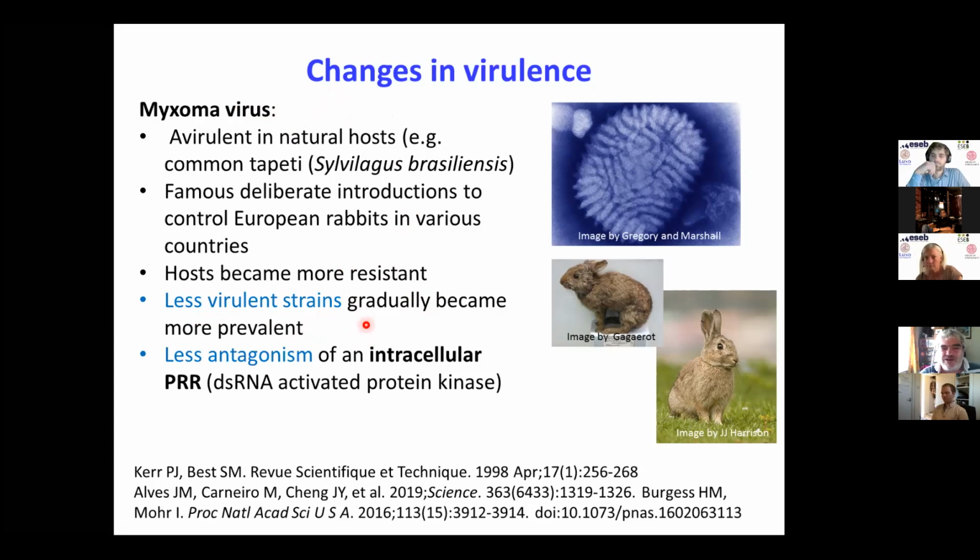And actually, we know what happened in these less virulent strains. It was a reduction in the level of antagonism of one of the intracellular pattern recognition receptors. So not a TLR in this case, but a pattern recognition receptor. Inhibiting this pattern recognition receptor was less strong in the less virulent strains.